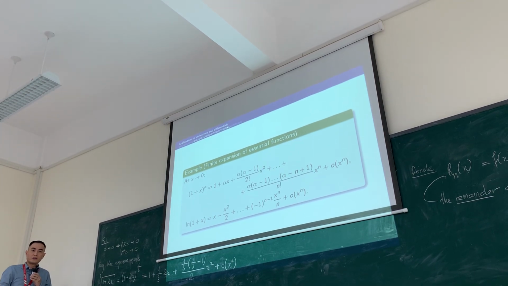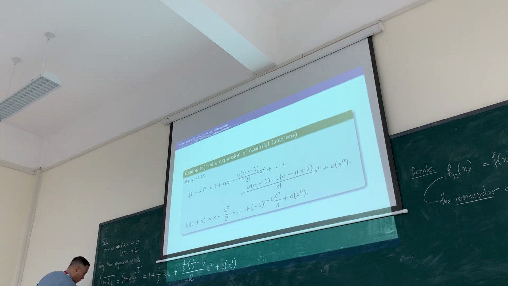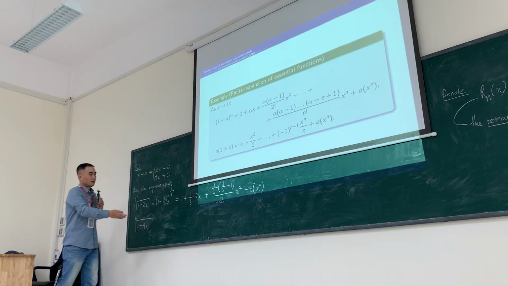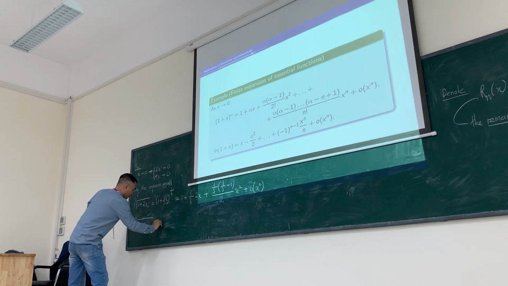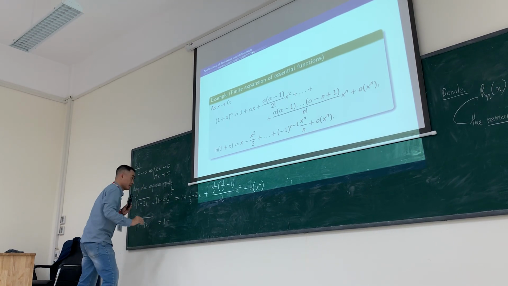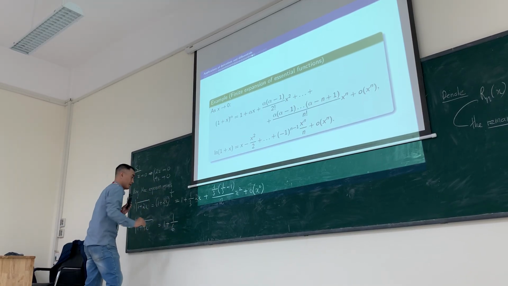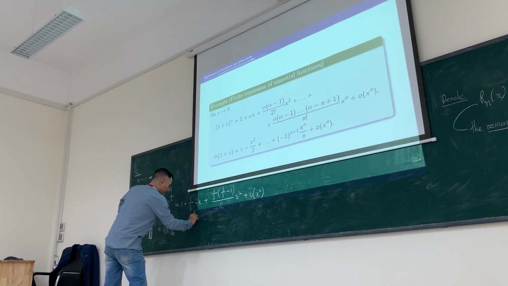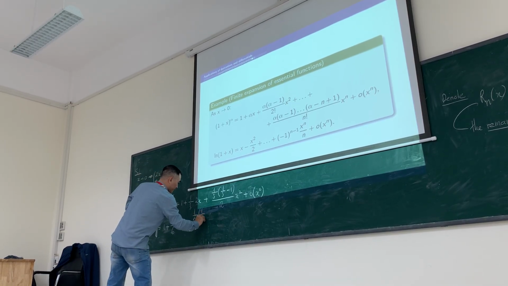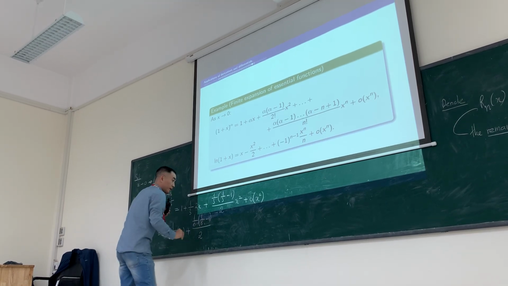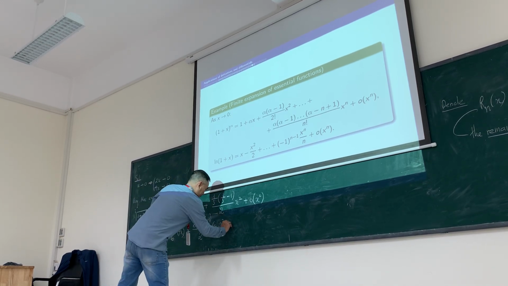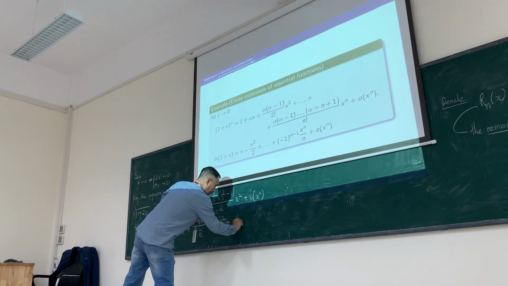The sixth root of 1 plus 4x, similar to here, is equal to 1 plus 1/6 times 4x plus 1/6 times (1/6 minus 1) over 2 times (4x) squared, plus the remainder, an infinitesimal of higher order than x squared.